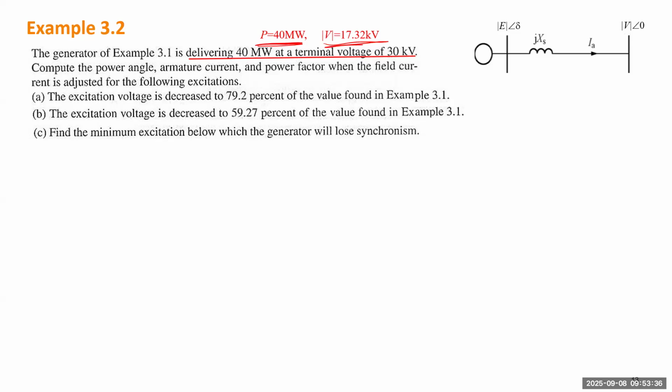In part A, we want to calculate the excitation voltage for a case where the excitation voltage is 79.2% of the value from the previous example. In B, we further reduce the excitation voltage to just 59% of the value. And finally, we want to find the minimal E, the smallest E, before the generator will lose synchronism or stability.